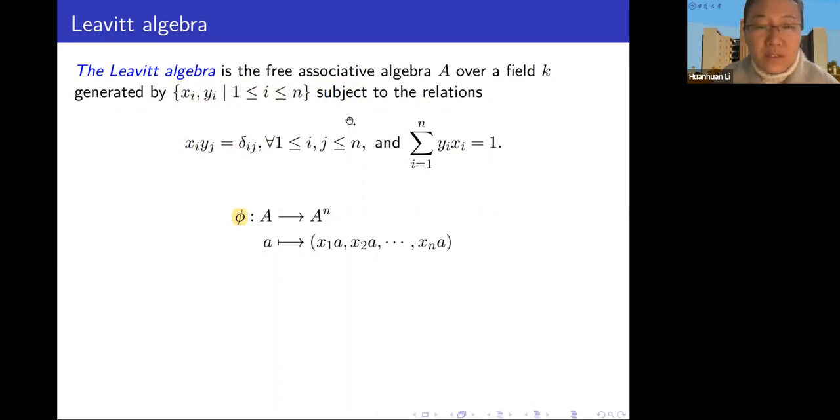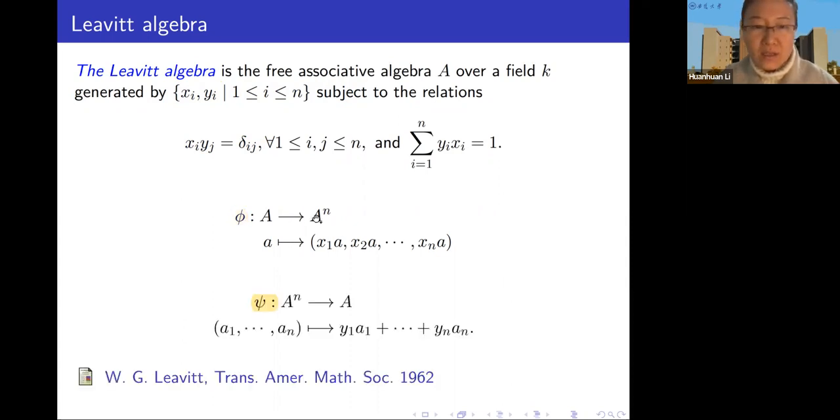Using these two relations, one can construct the following two maps. The first map phi sends A to this vector, multiplied by the x_i's from the left-hand side. We can see this is a right A-module homomorphism.